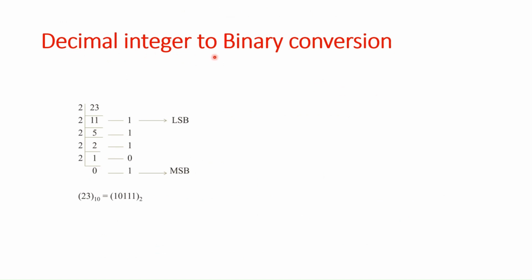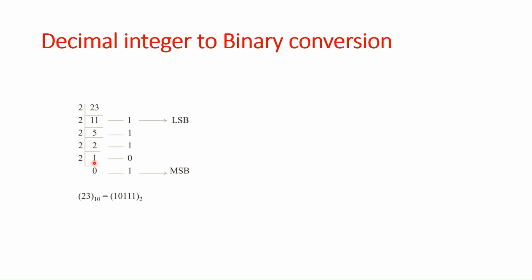Let's see decimal integer to binary conversion. So 23 is an integer number, and we are looking for binary conversion. So we are dividing 23 by 2. The quotient is becoming 11 and the remainder 1. Again you divide by 2, quotient is 5, remainder 1. Again 5 divided by 2 is quotient 2, remainder 1.